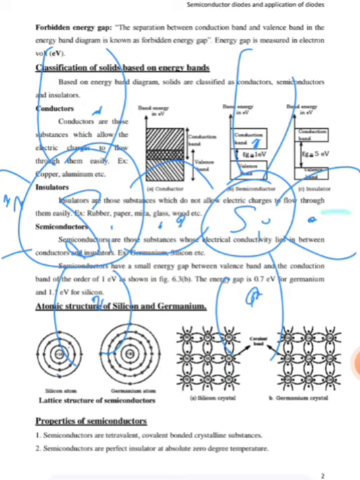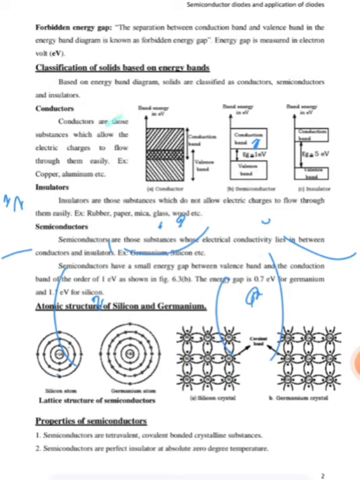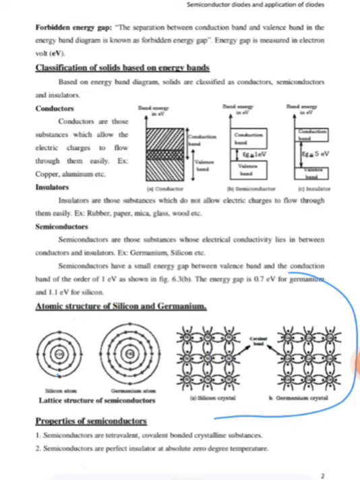In both cases, silicon and germanium, since there are 4 valence electrons, the diagram will be much similar for both silicon as well as germanium. So the bond which holds each atom is called a covalent bond.